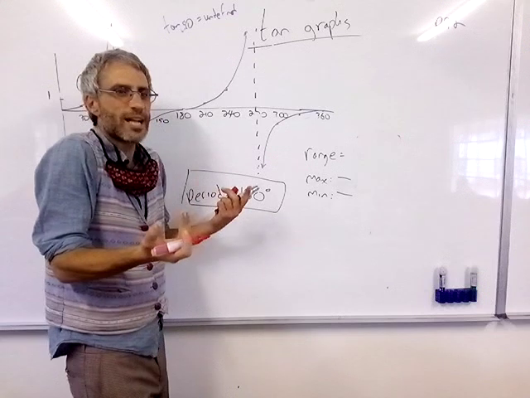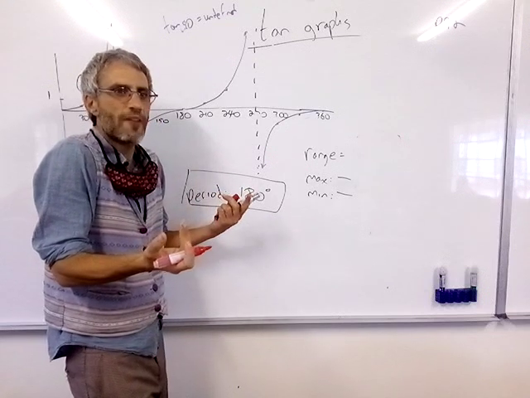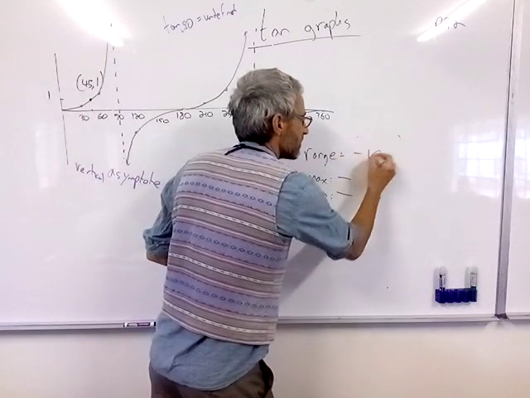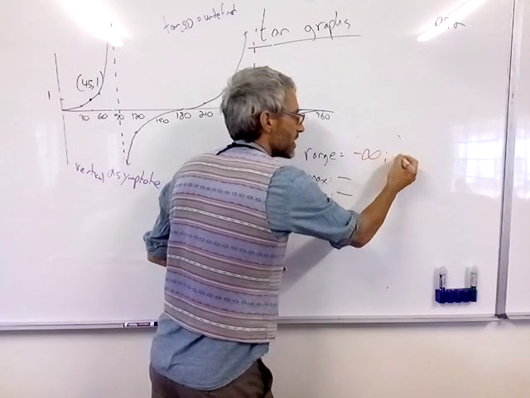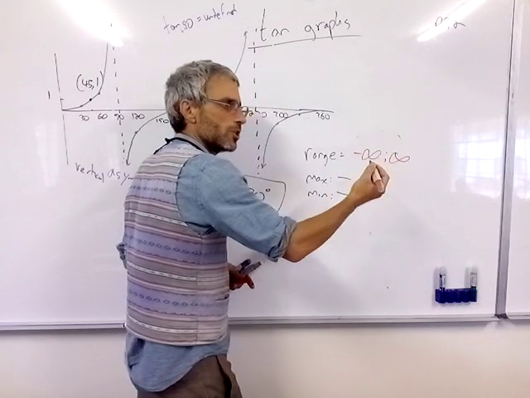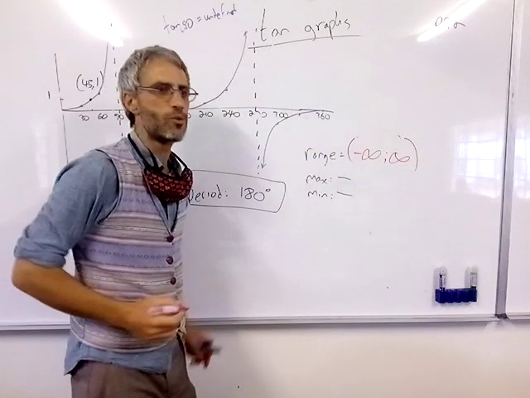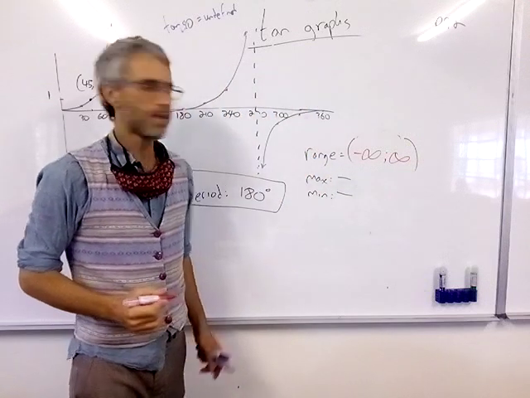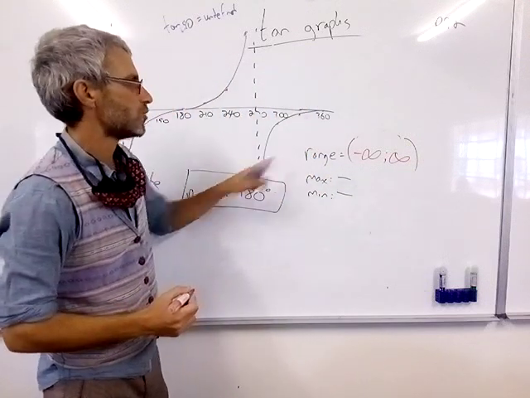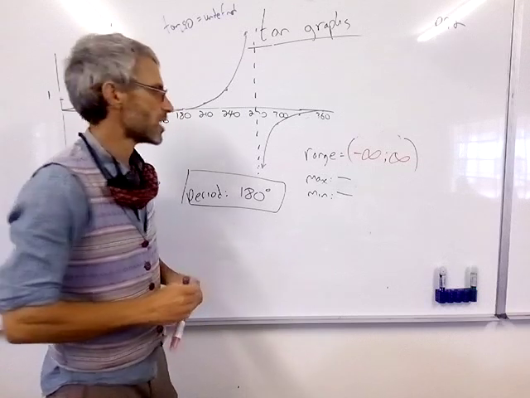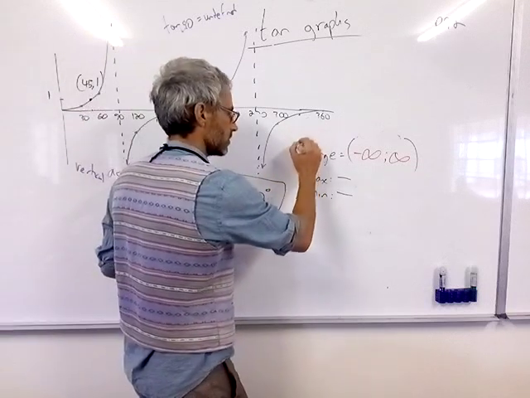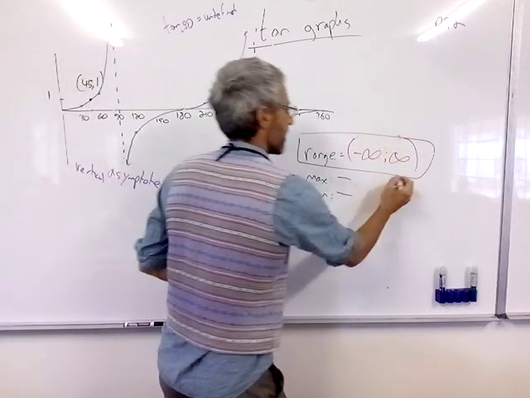We said there's no maximum, no minimum. So what values are we going to have? From minus infinity to plus infinity. And then Hinkel, what did you tell me? Round brackets, because we obviously never really reach them. So that's the range for the tan graph.